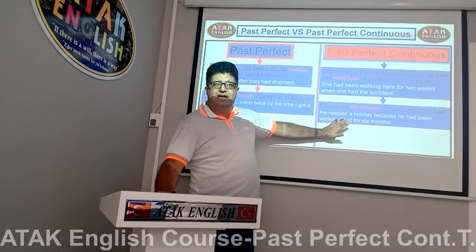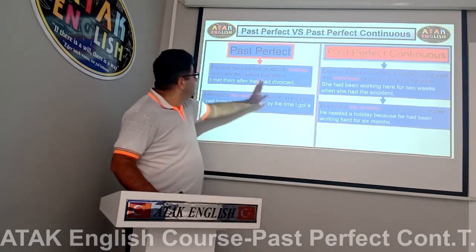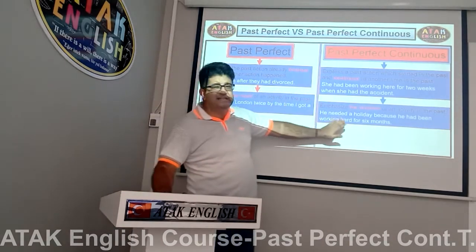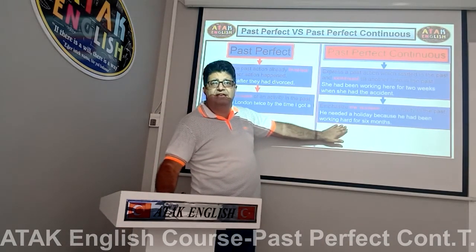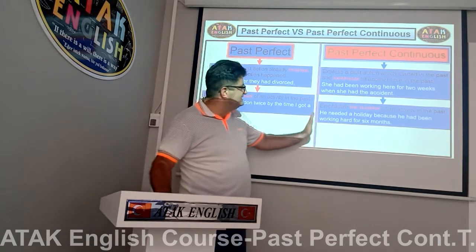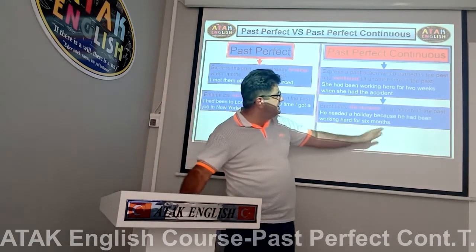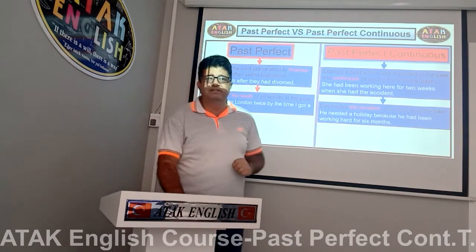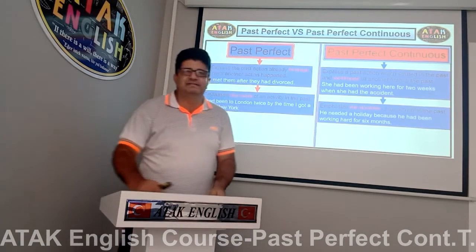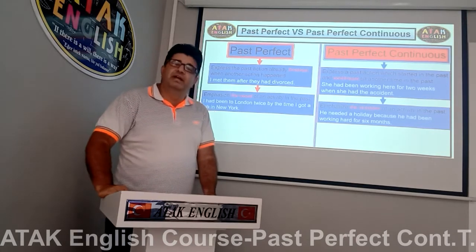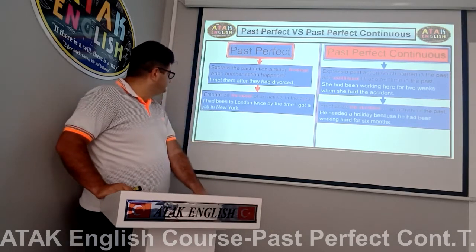Alright? That's very simple and clear. Past perfect tense emphasizes the result of an action, while past perfect continuous tense emphasizes the duration of an action. Let's see the example. He needed a holiday because he had been working hard for 6 months, and 6 months is the duration in the past before another action in the past.